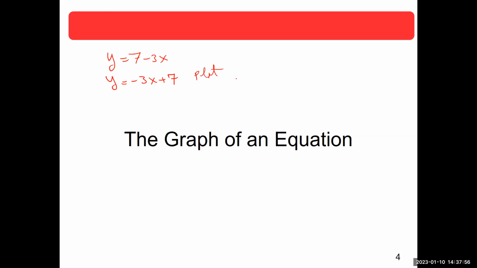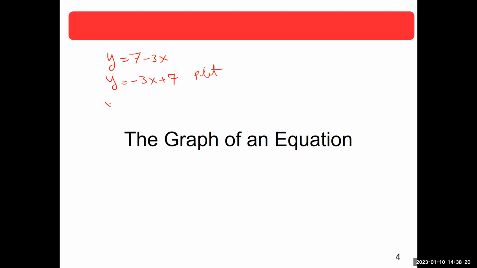Normally, a line needs only 2 points to draw. But it's better to have 3 points for verification, because if they are not in the same line, you know you made a mistake. So let's try to get at least 3 points.